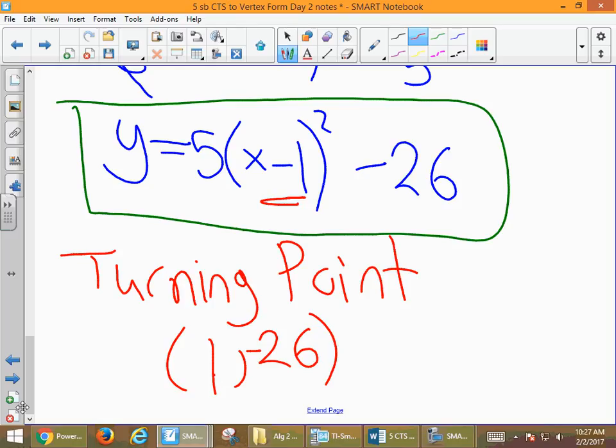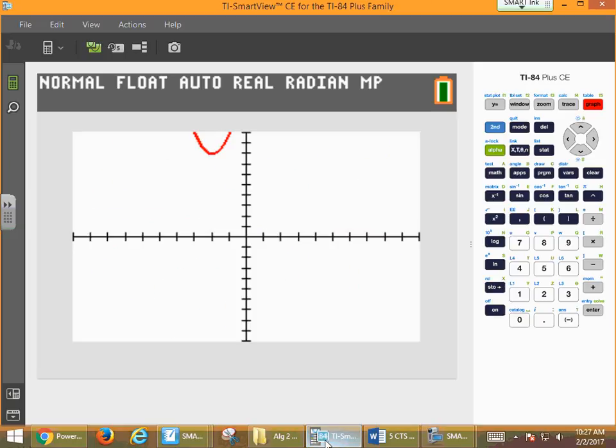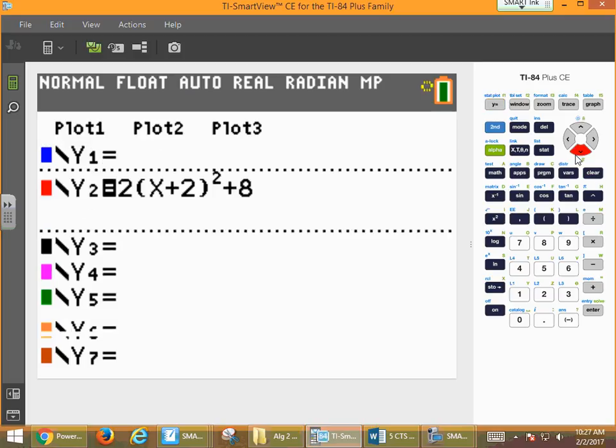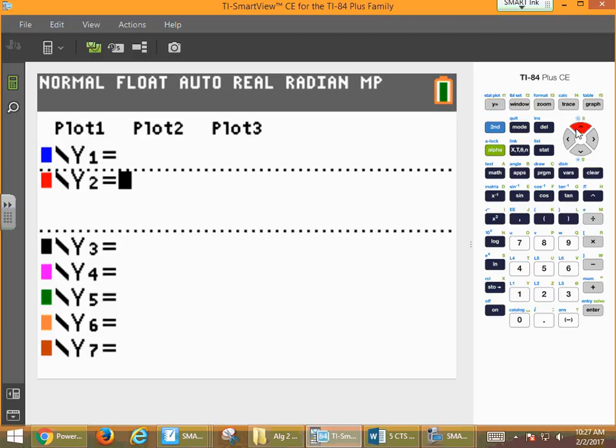And now lastly, to check to see if we got the right answer, we're going to pull out our graphing calculator, and we're going to plug both equations in and graph them at the same time.